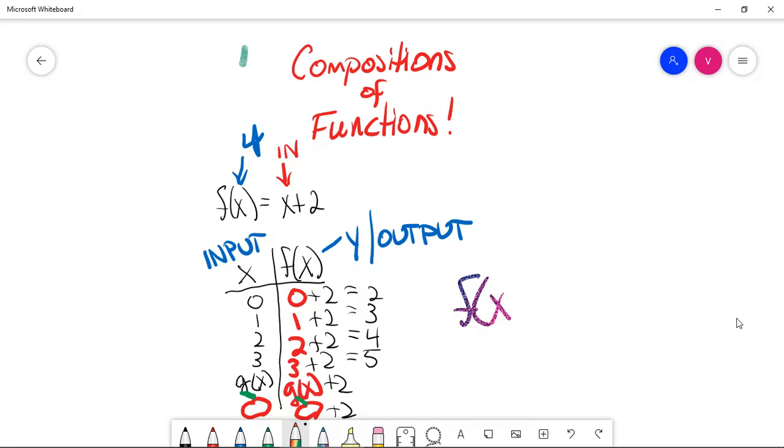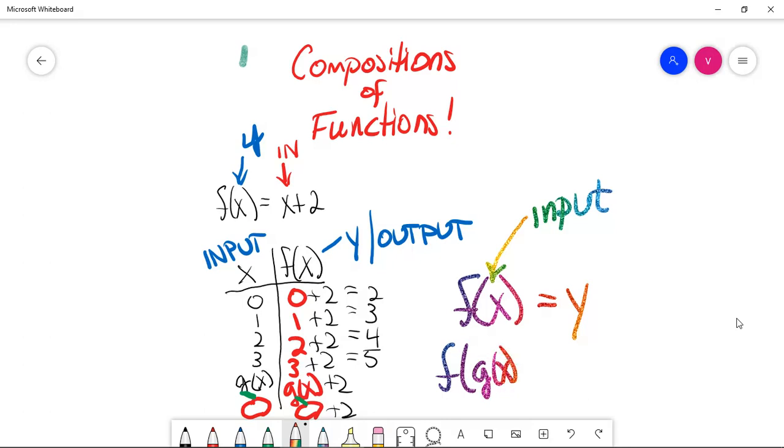F of x equals y. Whatever is in here is your input. So if you do f of g of x equals x plus 2, that's your function right there. You're going to take this, that's your magic input, and you're going to put it in everywhere there is an x in your function.